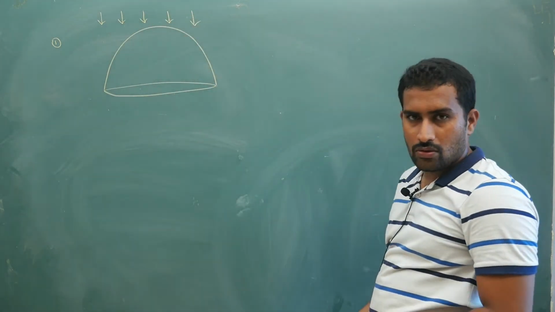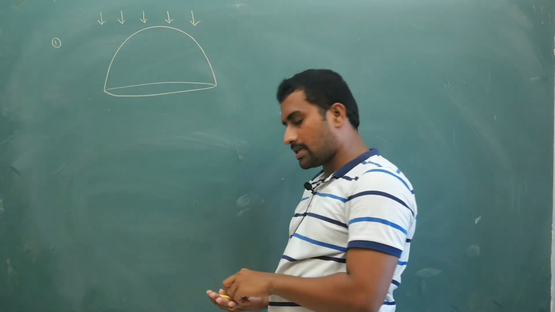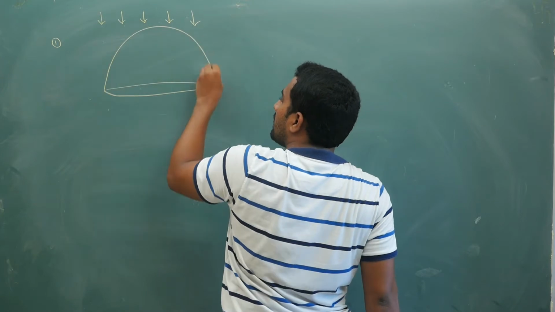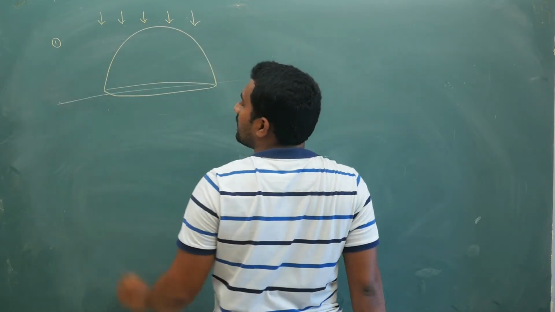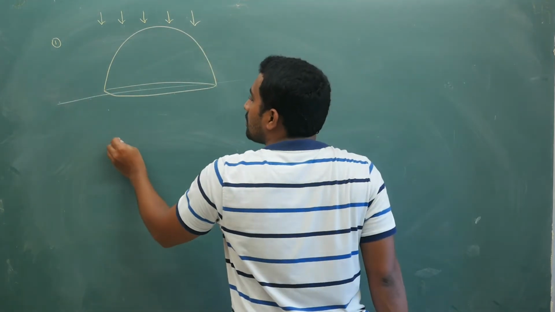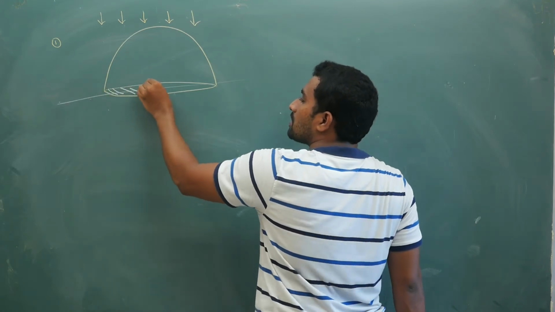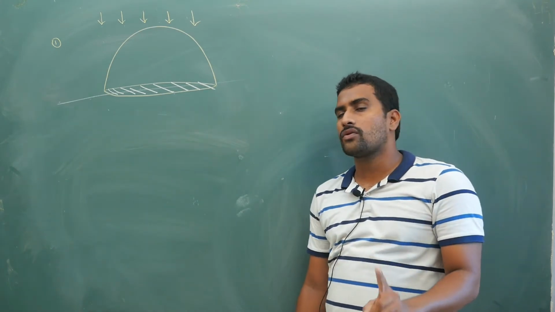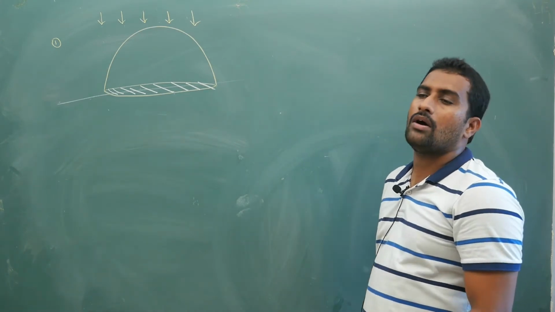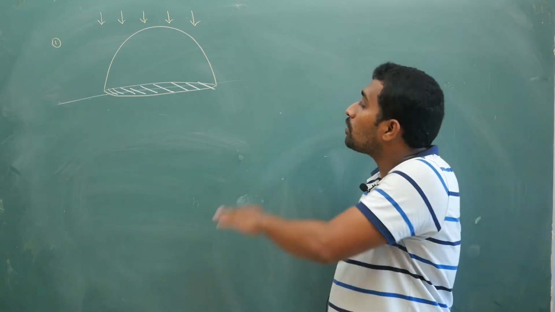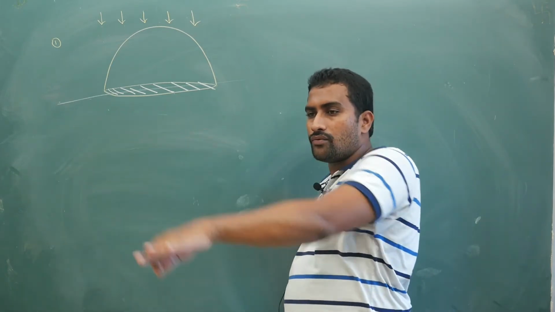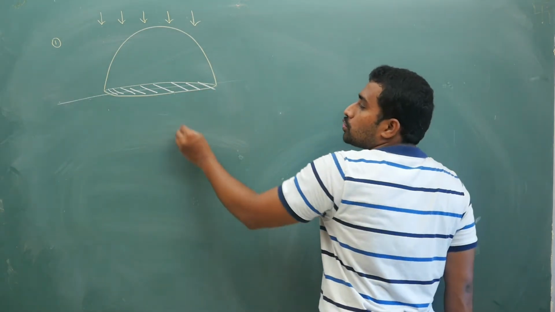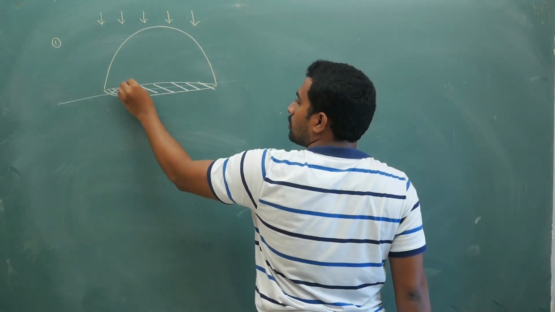If you cut this fruit perpendicular to the field like this, your juice comes out of this portion.